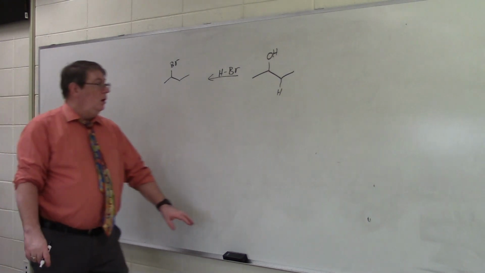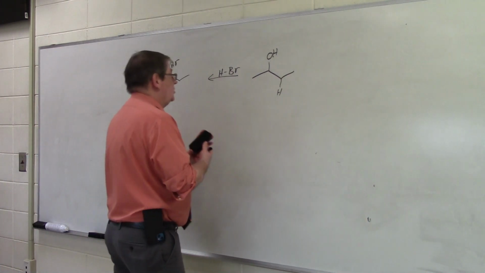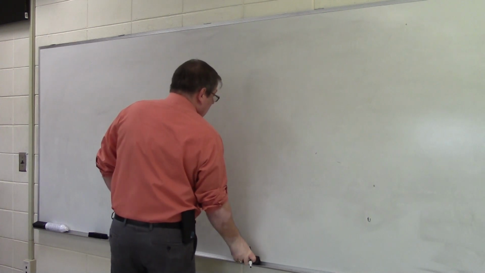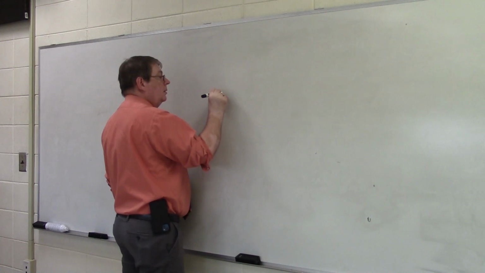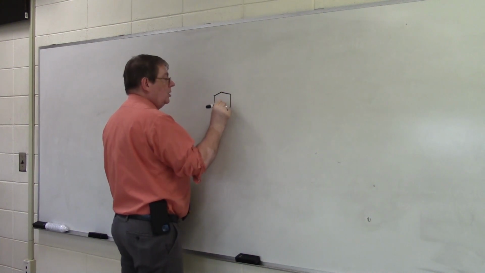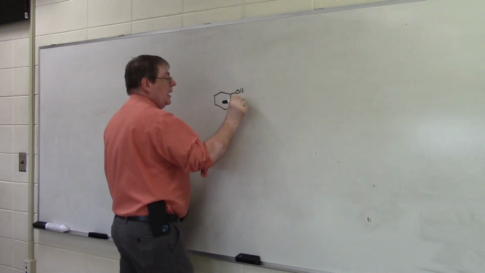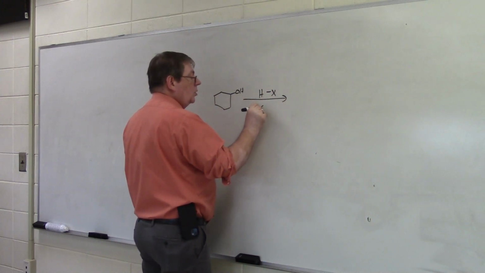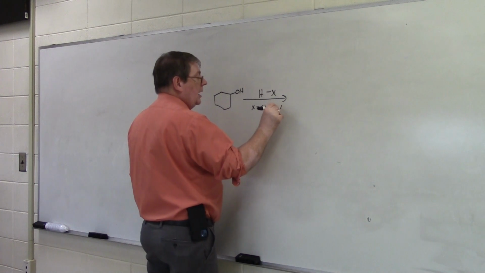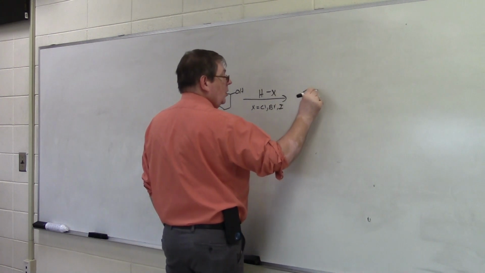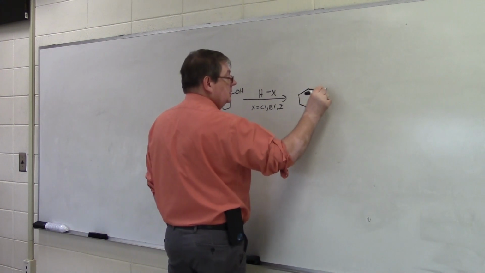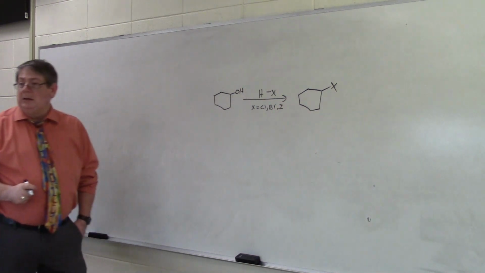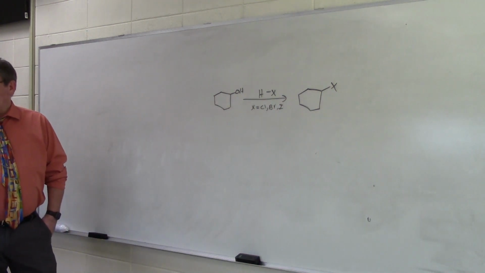Let's make a roadmap for that. Let's say I've got a generic alcohol. I'll just pick on cyclohexanol, and I can react it with HX, where X is chlorine, bromine, or iodine, and I can replace the OH with X. So I can go from alcohols to alkyl halides. We talked about that.